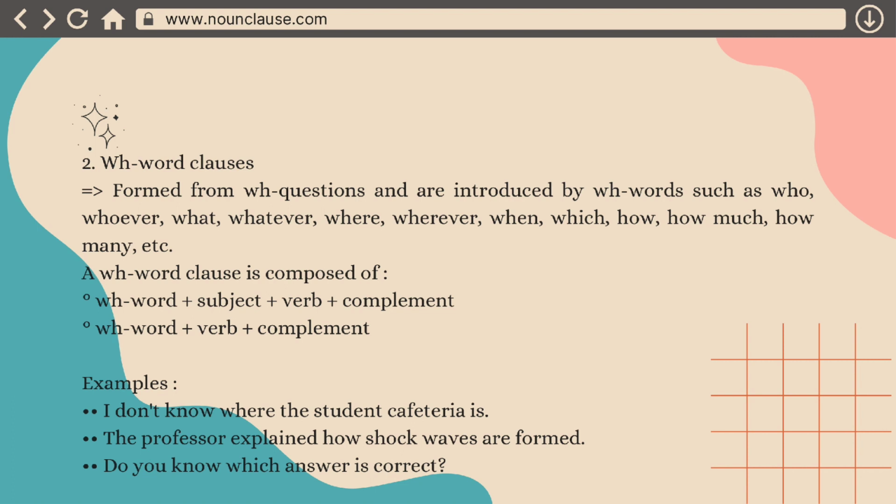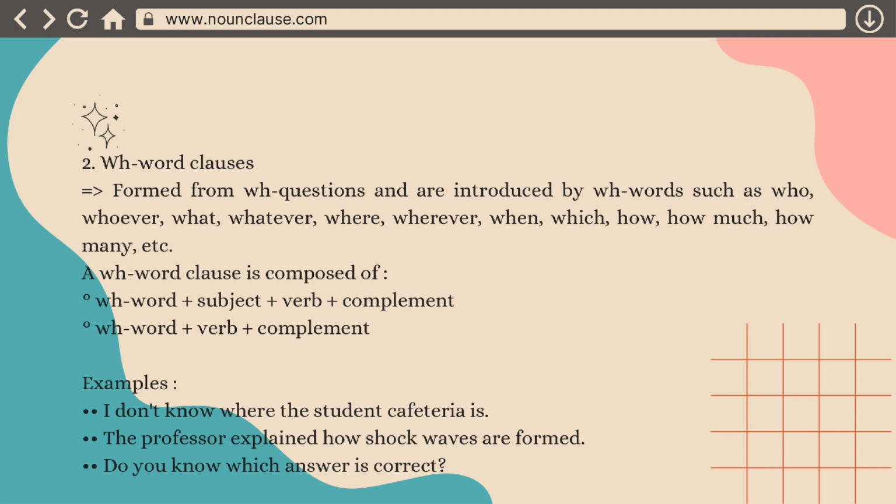WH word clauses. WH word clauses are formed from WH questions and are introduced by WH words such as who, whoever, what, whatever, where, wherever, when, which, how much, how many, and so on.